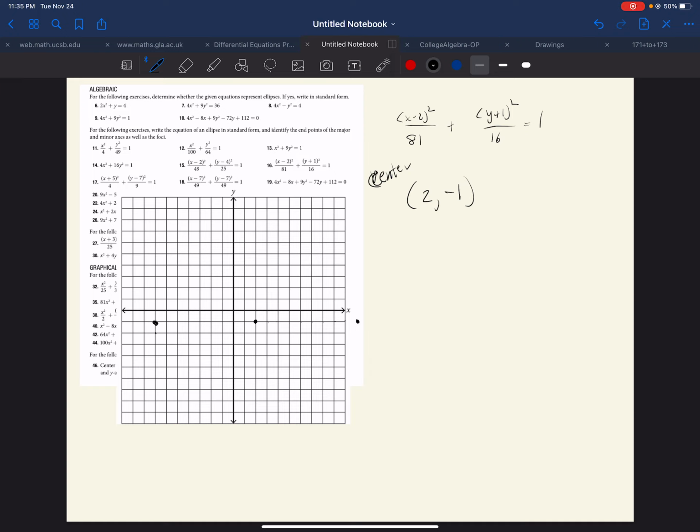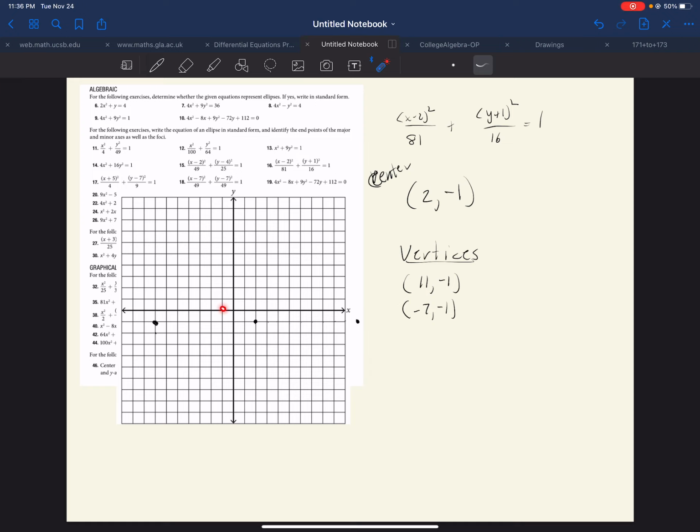Now I can figure out what those points are also, and these are going to be the vertices. I know that I was already down 1, and I know that I was already over 2. Well, if I was over 2 and I went 9 more, I should be at 11, but still down 1. And if I was at 2 and went left 9, I should be at negative 7 and down 1.